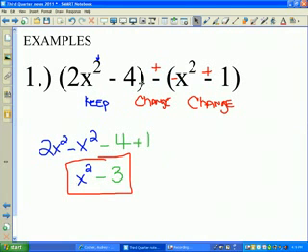When you get to the negative 4, you're not going to say negative 4 minus a negative 1. Your eyes are going to say, all right, negative 4 minus 1, that means I should have a negative 5 here. And that's not the case. By doing the keep, change, it will help you to remember that you have to change the signs of everything in this second parenthesis. Let's look at another example.